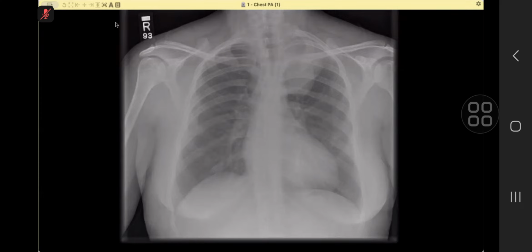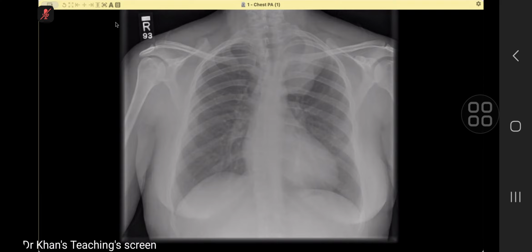I can see a ribbon-like appearance and thinning of the adjacent ribs. Otherwise, I can't see any obvious lung pathology. No definite destructive, sclerotic or lytic lesions.